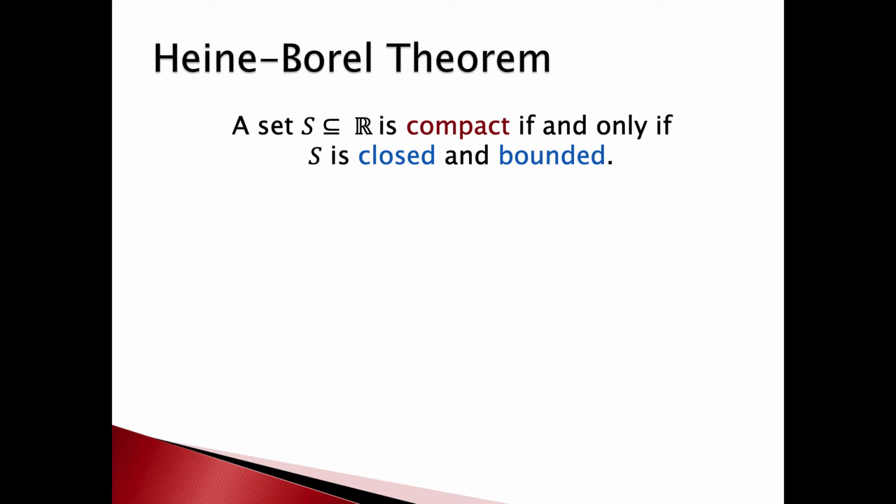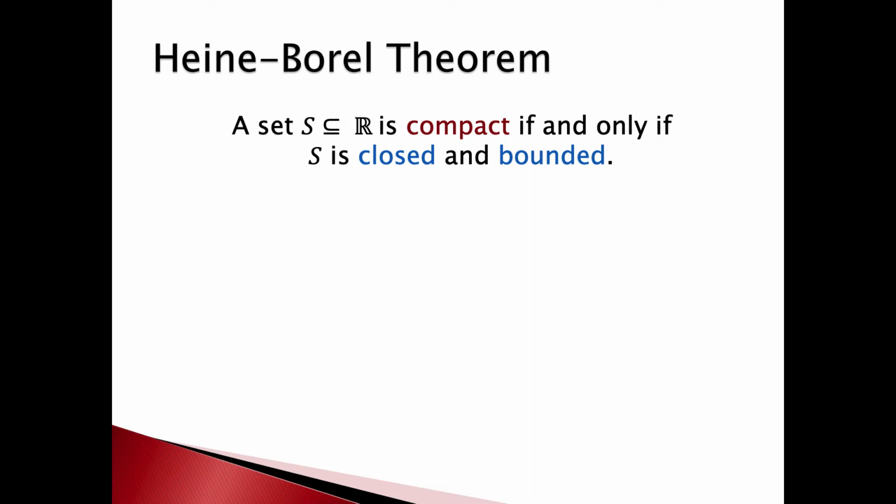If we're talking about sets of things that aren't real numbers, then there is a version of the Heine-Borel theorem, but the right wording is not closed and bounded. It's complete and totally bounded. There, I've said it. So you can pretend like I didn't say that, but my contract as a mathematician says that I can't just let that go, because there are sets that aren't just full of real numbers.